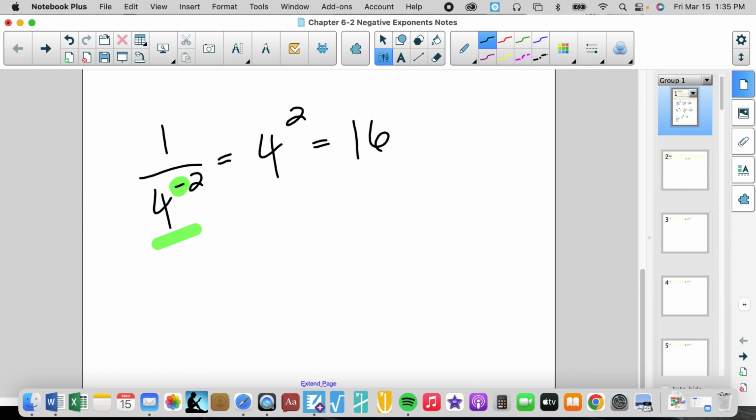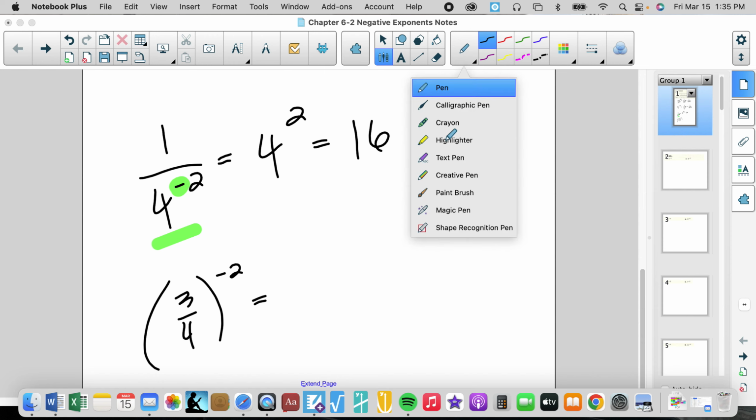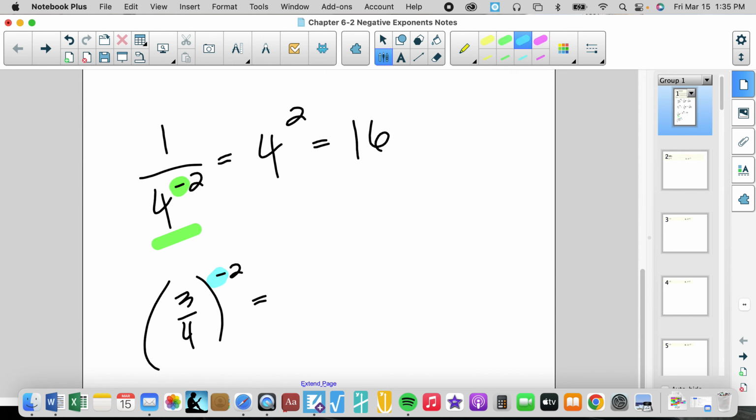And I'll give you one more. There's still one more that we can do. There is a fraction: 3/4 to the negative 2. If we change the sign of the exponent from negative to positive, it's going to change the location for each of the items. So the 4 is going to go into the numerator, and the 3 is going to go into the denominator.